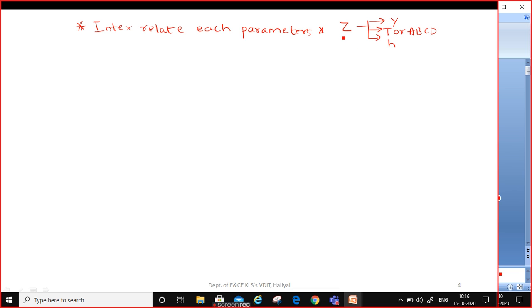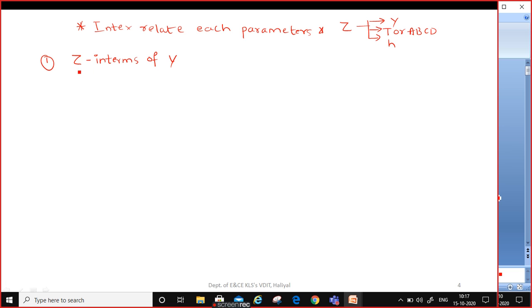Let us take the first one, that is Z parameter in terms of Y parameter. One trick here is that you should know the expressions of each parameter.